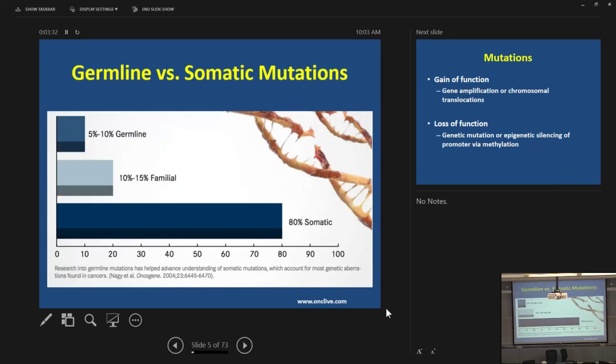All right. So when we look at germline versus somatic mutations in cancer, what do you see up here? What makes up the majority? Somatic mutations, right? So is that good or bad? Depends on perspective, right? If they were all germline mutations, what could we do to everyone?